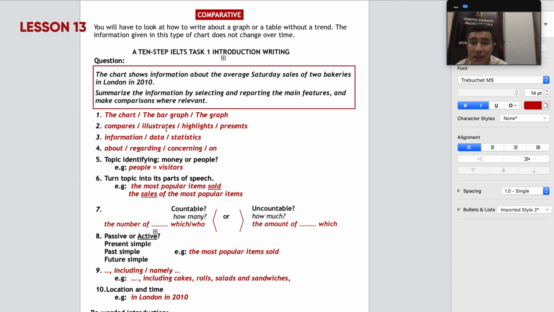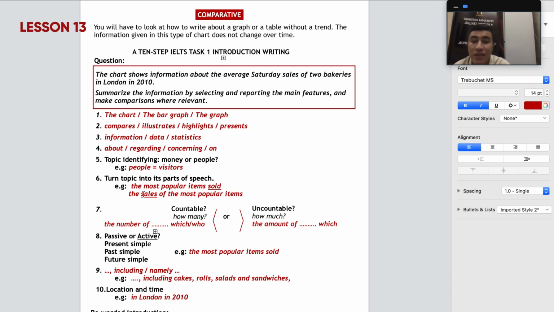Now, next step is identifying what the topic is about, and the main logic behind it is identifying whether the noun is countable or uncountable.